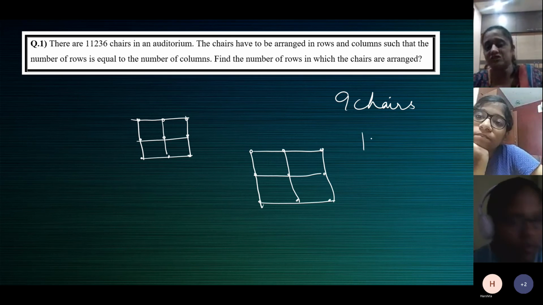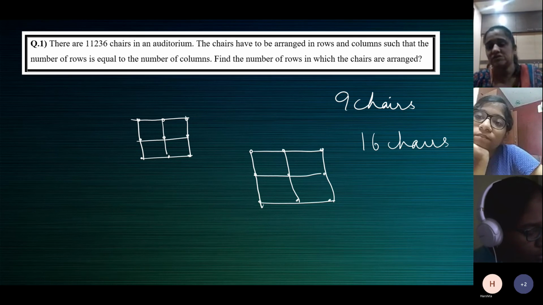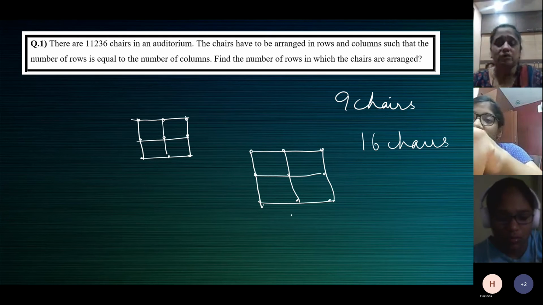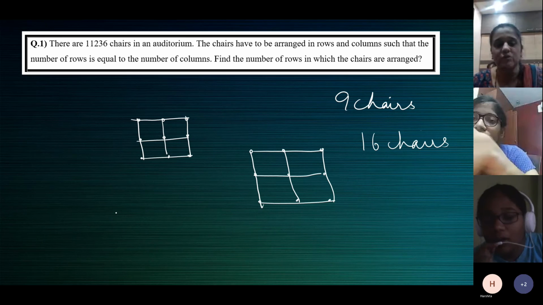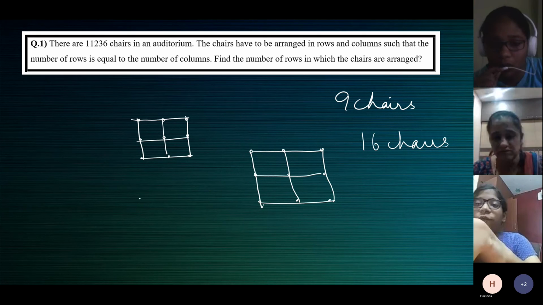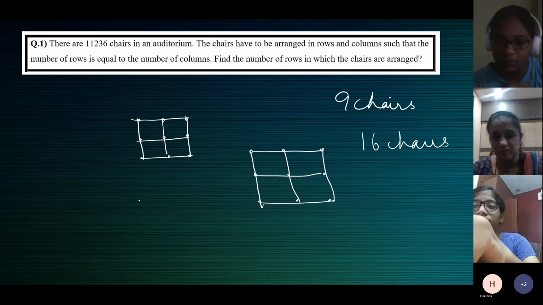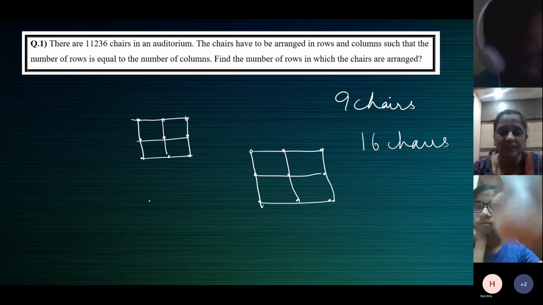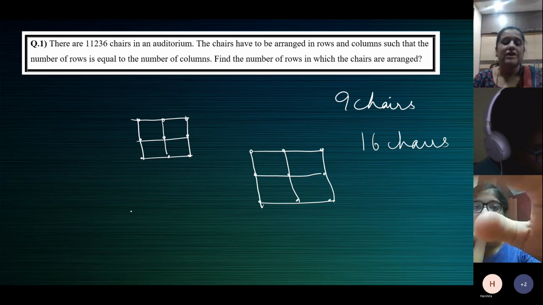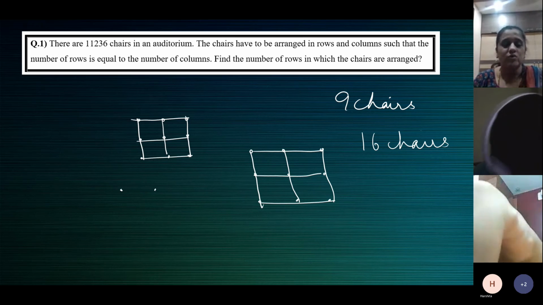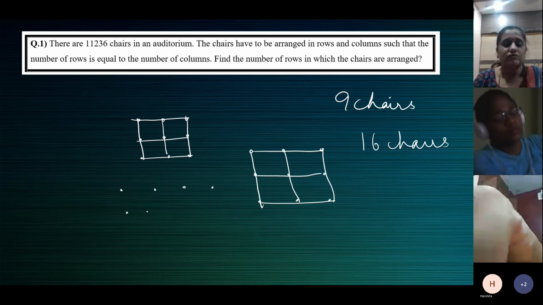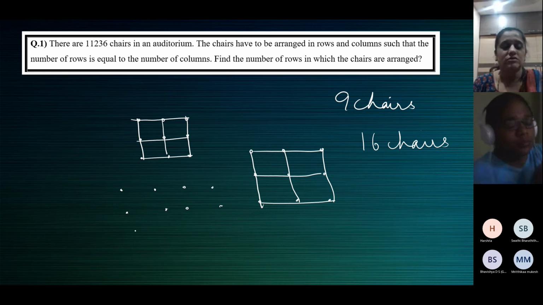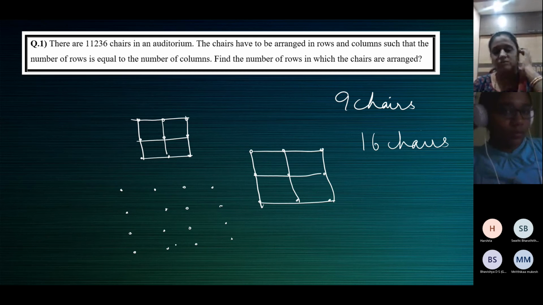Supposing you have 16 chairs, and you have to arrange them in equal number of rows and columns. You will make 4 rows: first row, second row, third row, fourth row, and 4 columns.